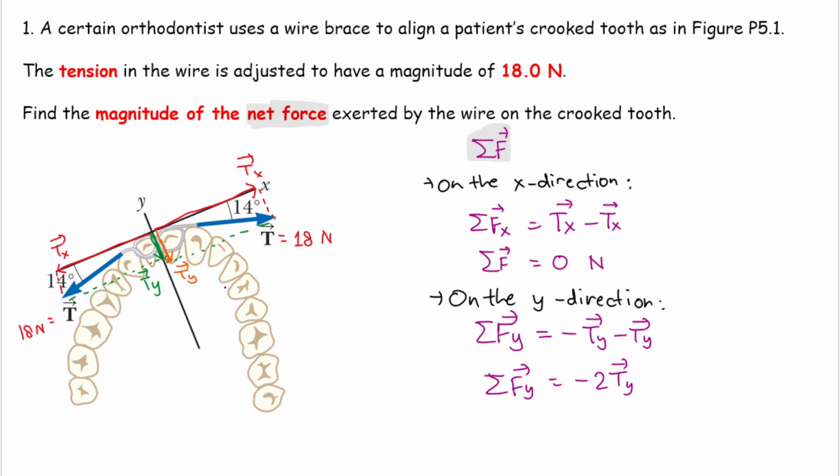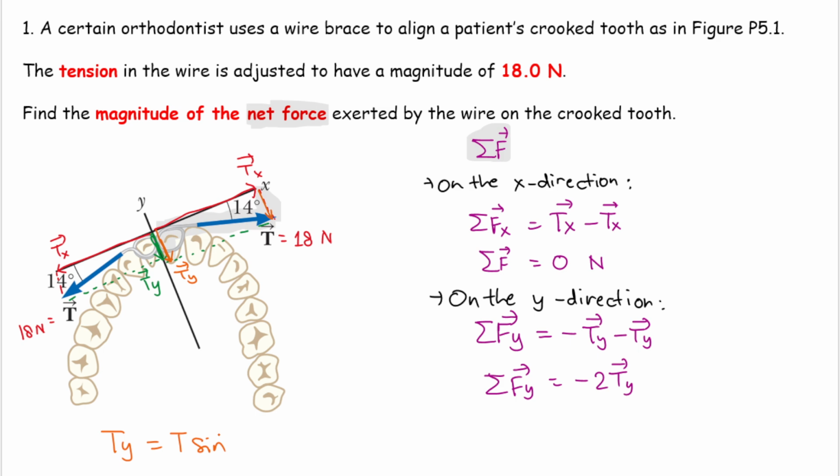But then we can calculate T in the y direction, right? Because this is the opposite of the angle, and here is the hypotenuse. So we will have opposite and hypotenuse. If we imagine this T here as our hypotenuse, we will have hypotenuse and opposite, so we'll have sine, right?